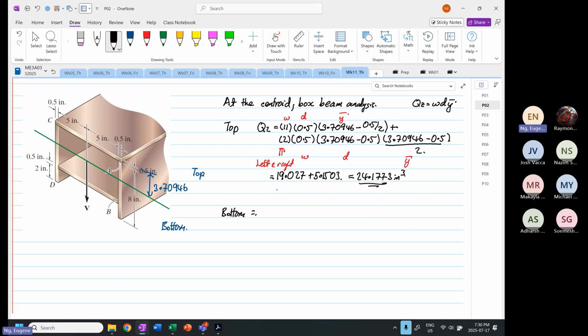So we know that the distance from here to here is equal to 8 plus 5.5 minus 3.70946. So you have 4.79054.